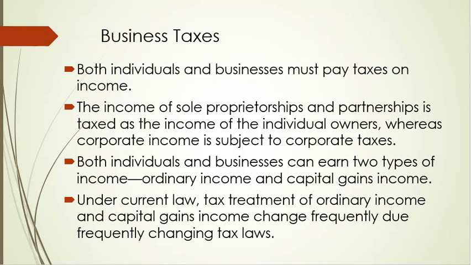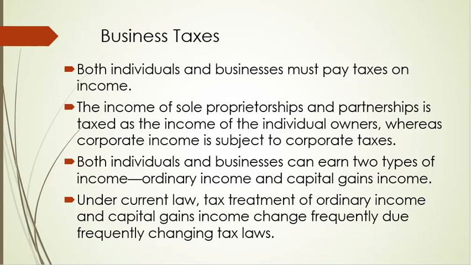So if we look at business taxation, right? Obviously, individuals and businesses have to pay taxes. Sole proprietorships and partnerships are taxed at the individual owner level. So there's basically two kinds of taxes, if you will. There's ordinary income and there's capital gains income.